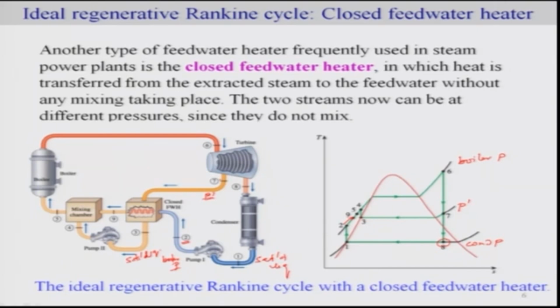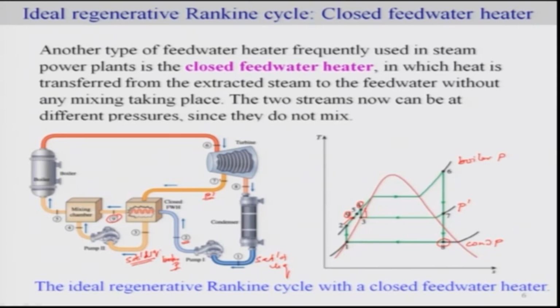Then this liquid, that means your 3, is pumped such that it is at the same pressure as your feed water, so it reaches the same isobar, and thus your 4 and 9 are at the same pressure.